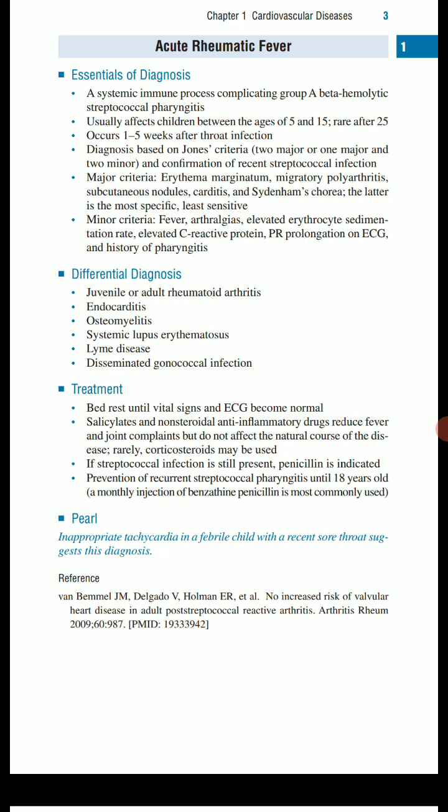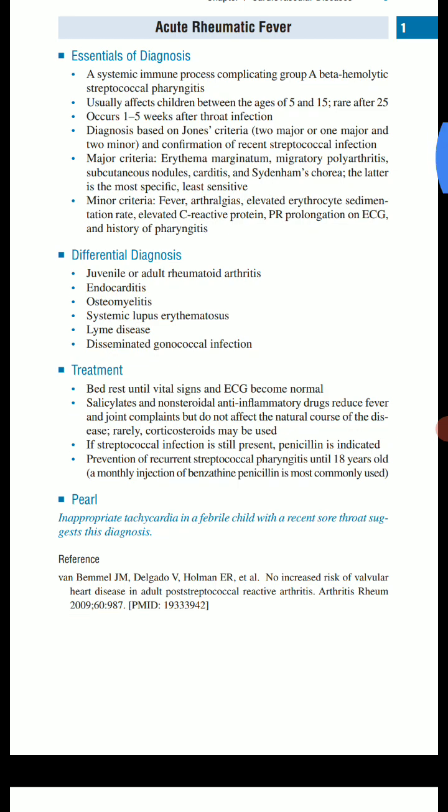Next we look at the management. We basically give bed rest until vital signs and ECG become normal. We can give salicylates and non-steroidal anti-inflammatory drugs to reduce the fever and joint complaints, but they do not affect the natural course of the disease. Rarely, corticosteroids may be used.